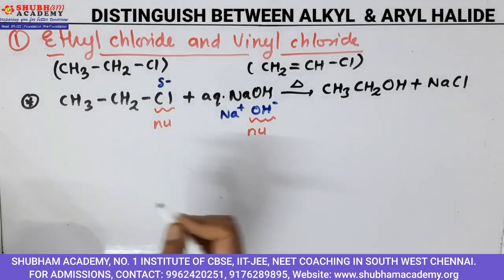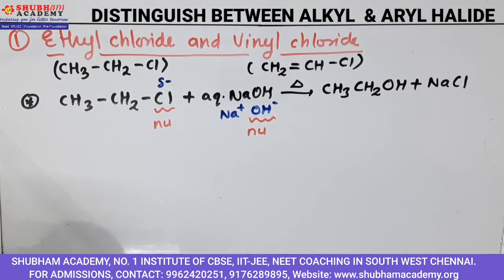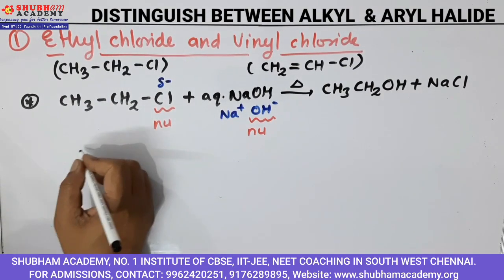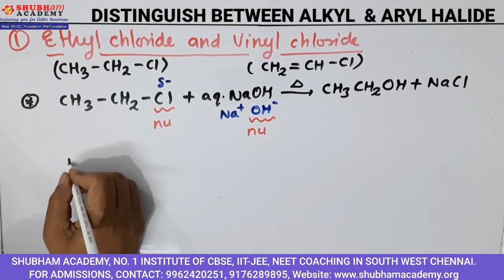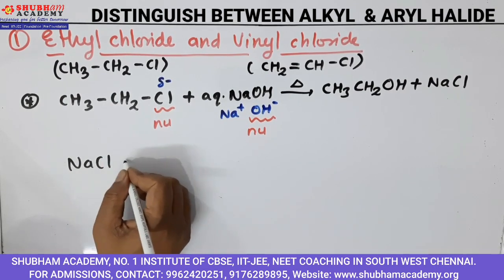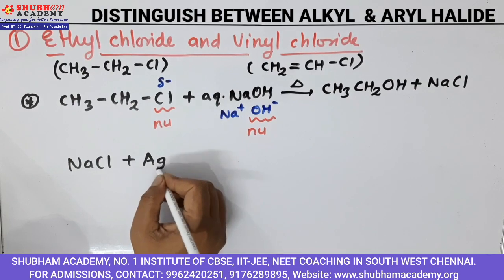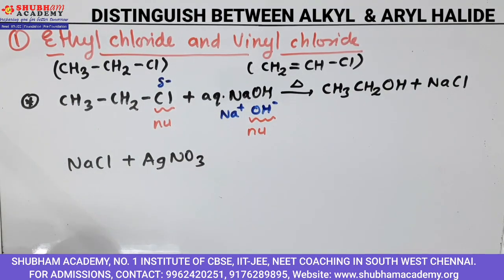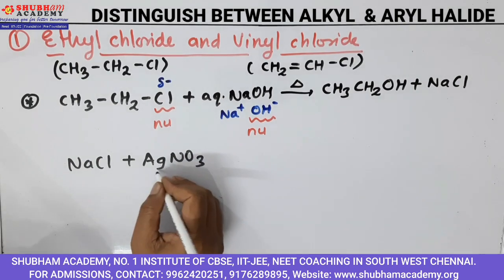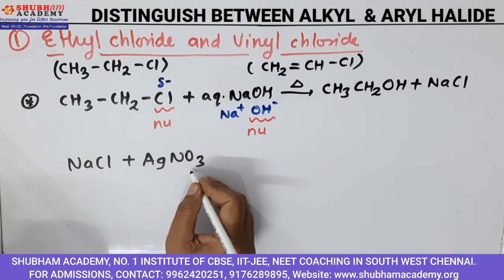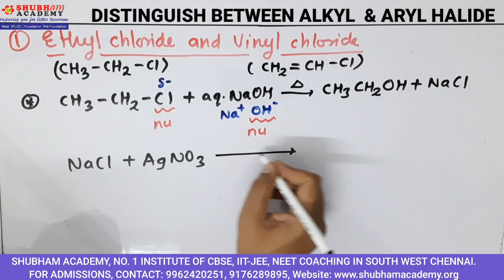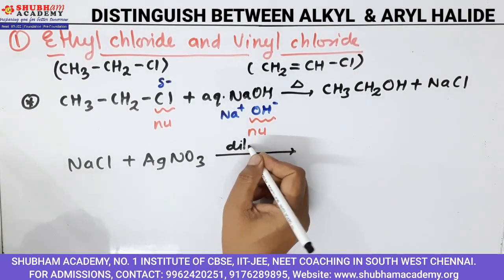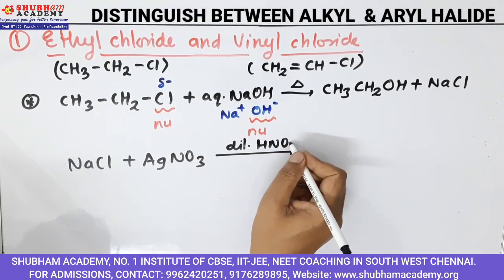Now this NaCl will combine with AgNO3, okay. So NaCl plus AgNO3, right. NaCl will split as Na plus and Cl minus, and this will split as Ag plus and NO3 minus, okay, in the presence of dilute HNO3.